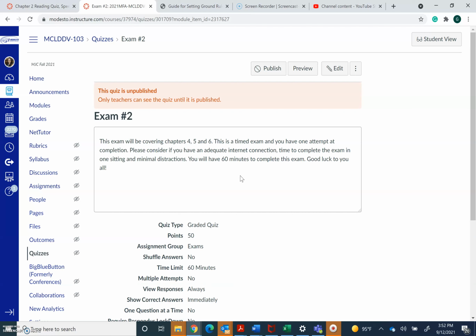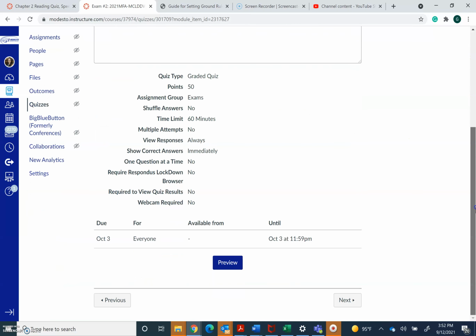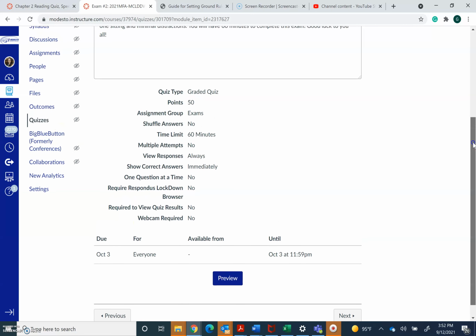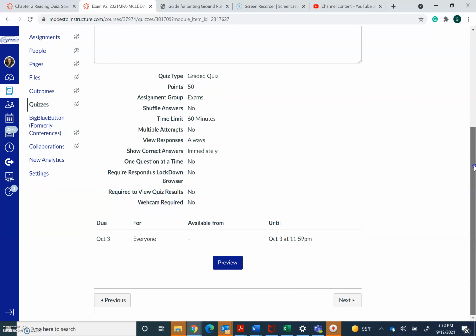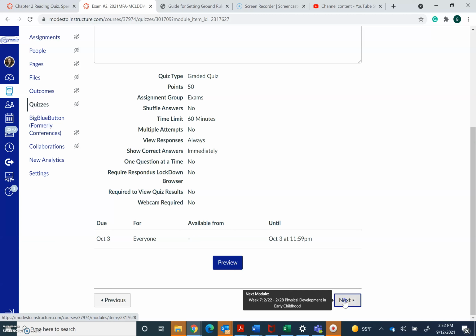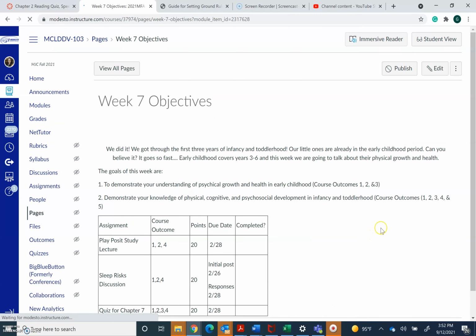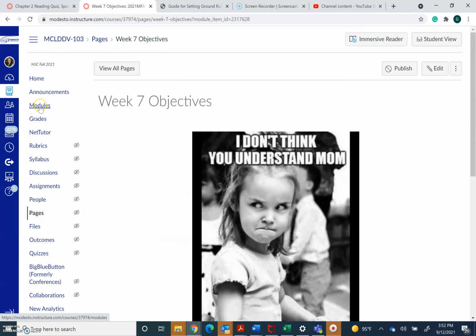If you've done your quizzes, if you've completed the study lectures, you should feel really good going into your exam. Okay? So even though I do accept your quizzes and your Play Pause It study lectures up to a week late, your exams I do not accept late. But if you miss this exam for any reason, please remember that I do drop your lowest scoring exam.